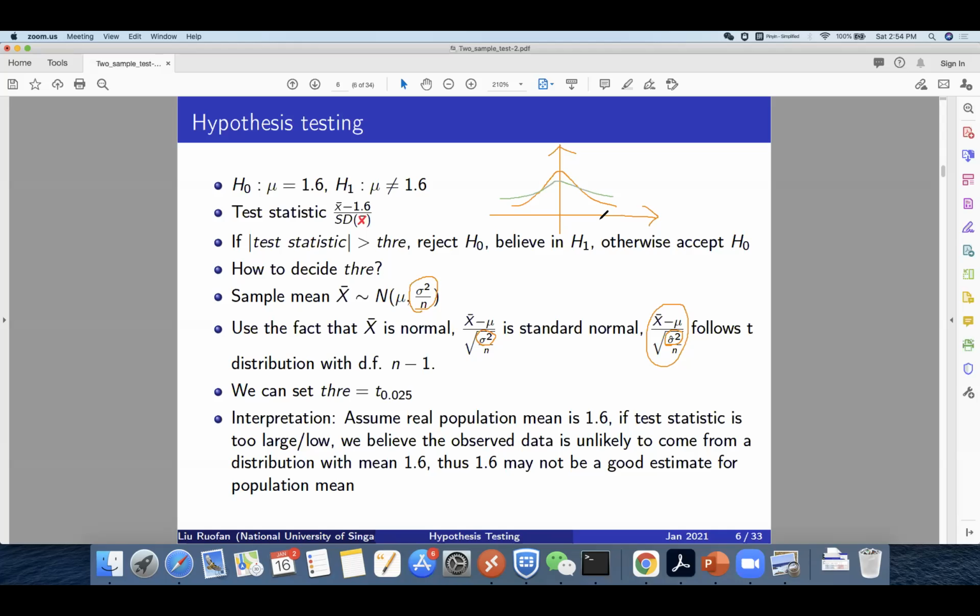Maybe you can keep going on. I think there's a PDF for the t distribution. I didn't put the formula inside. But that is not very important, because you can imagine the t distribution is just a scaled version of the normal distribution. It's just fatter than the normal distribution.